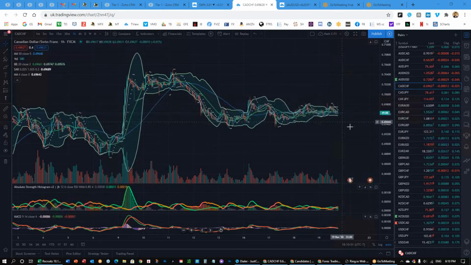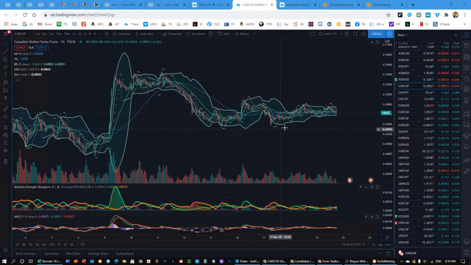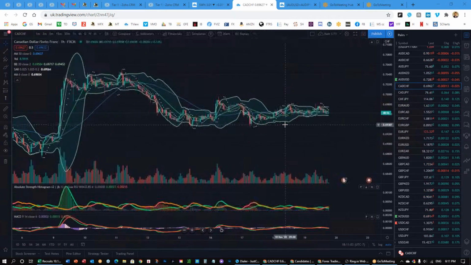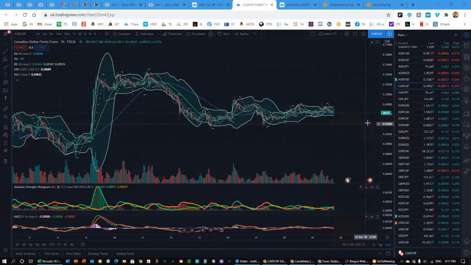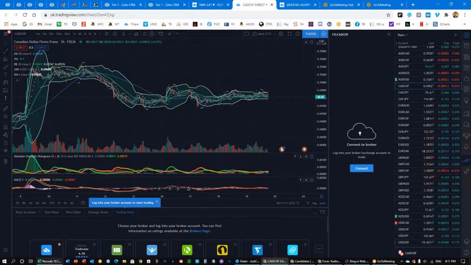It's usually a good sign that something's about to break out either way. And we don't really care, because in currencies we can put on what's called a bracket trade. So I just wanted to show you what that looks like.